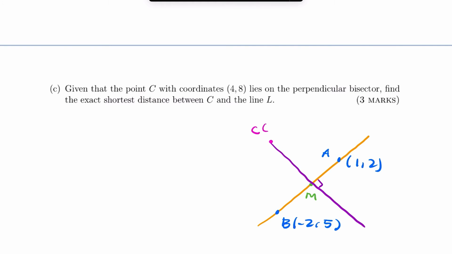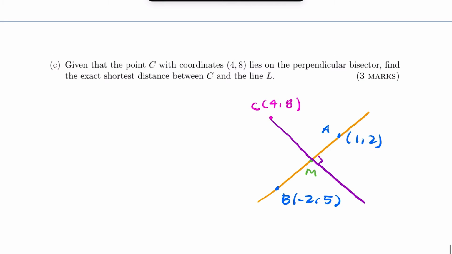This is C (4, 8). So it's a point on the perpendicular bisector, and they want the shortest distance between C and L. The shortest distance between a point and a line is the perpendicular. So the distance they actually want is this distance here, CM. So the shortest distance between C and L is actually CM.